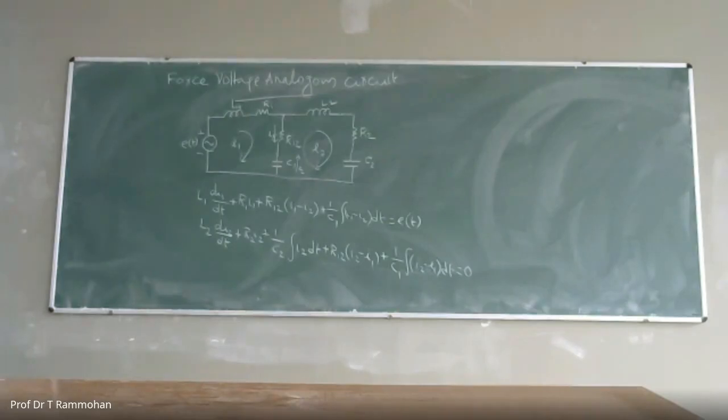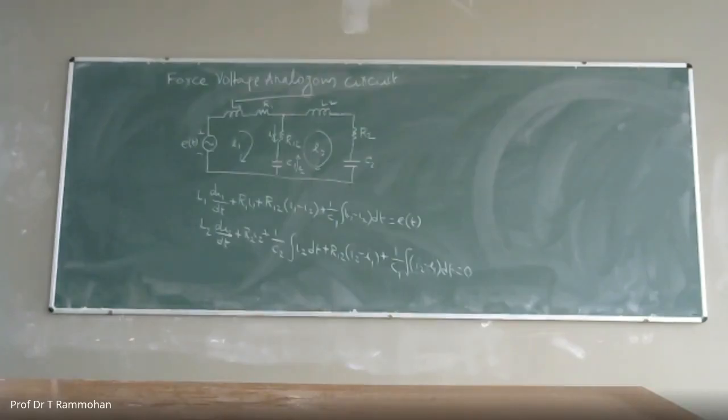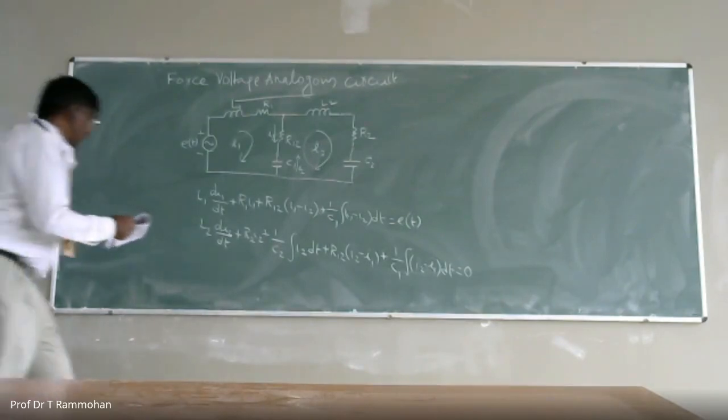Yes, sir. M2 into dV2 by dt plus b2 into V2 plus b12 into (V2 minus V1) plus K2 into integral of V2 dt plus K1 into integral of (V2 minus V1) dt equals 0. Very good. Thank you, Meenakshi Sundaram.